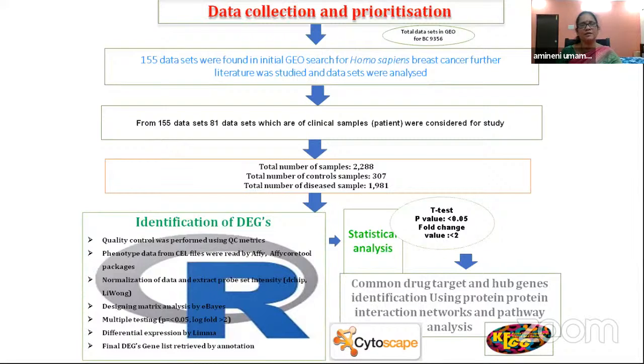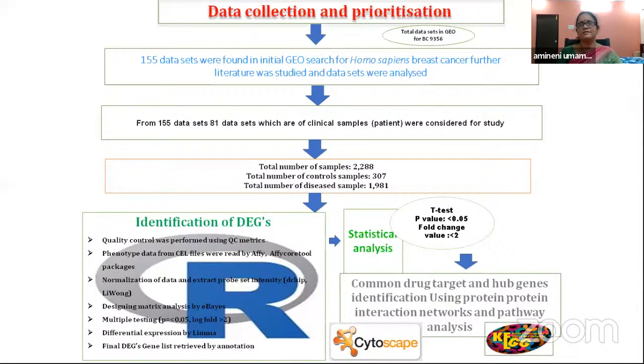We did the quality control, aligned with the human genome, and normalized. After the normalization, we identified the differentially expressed genes. Once we have them, we check the p-value.